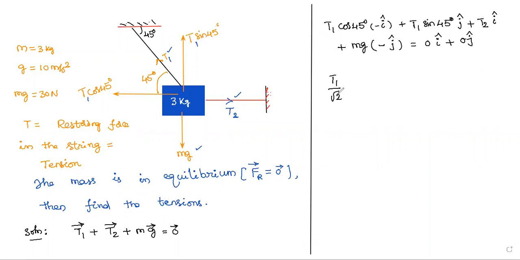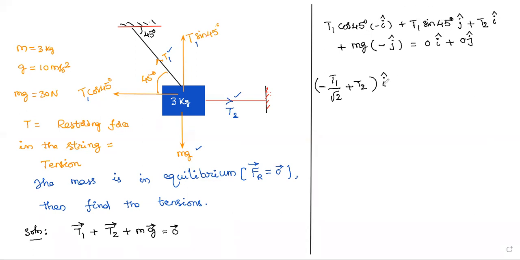So T1 by root 2 times minus I cap, and another I cap is plus T2. So I am taking I cap common: minus T1 by root 2 plus T2, times I cap. I cap components are over now.